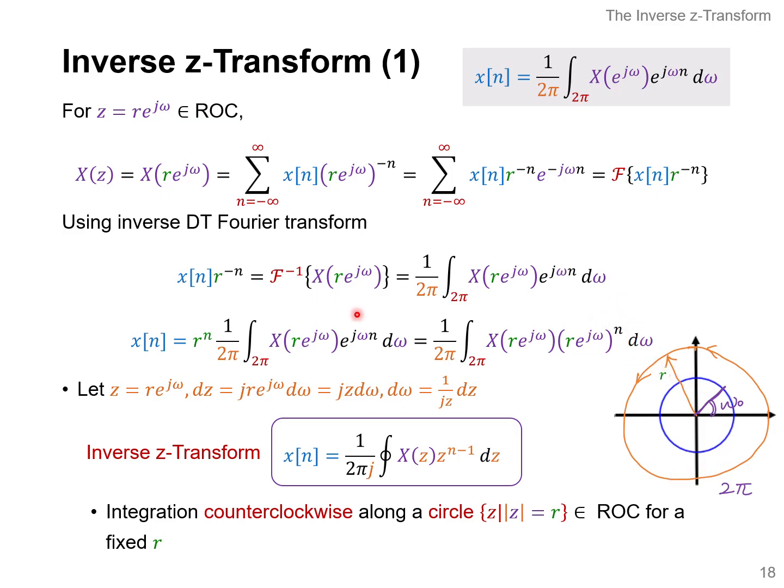Now we change variables. We let z equals r times e to the j omega, and the small change in z becomes dz equals jz d omega.